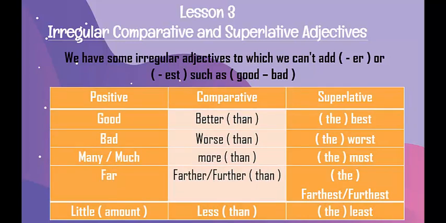The first adjective, good. The comparative form, better than, and the superlative, the best. And here we have bad. The comparative form, worse than, and the superlative, the worst. Many and much, the comparative form, more than, and the superlative form, the most.